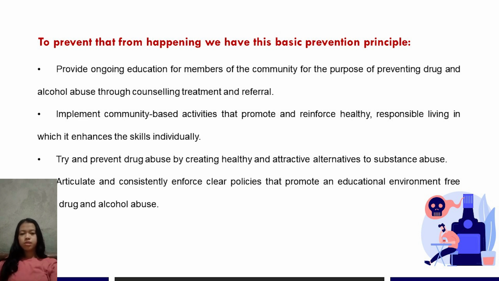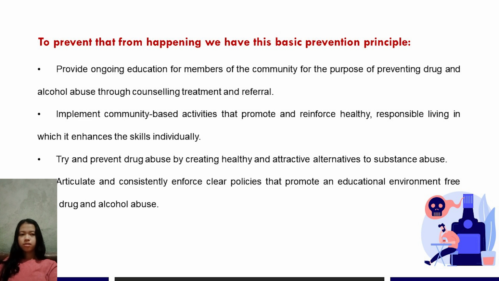The last one is to articulate and consistently enforce clear policies that promote an educational environment free from drug and alcohol abuse. For all of this to be effective, we must generate policies that enforce the cooperation of everyone. For example, restricted access. Alcohol must only be accessed by people aged 25 and above.